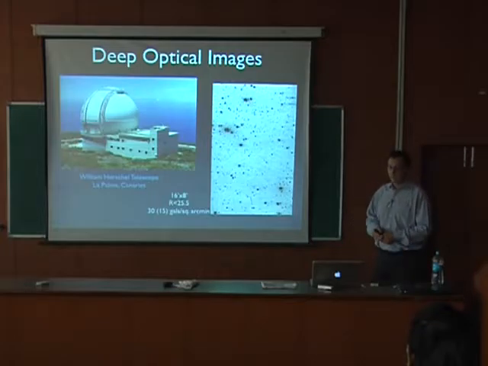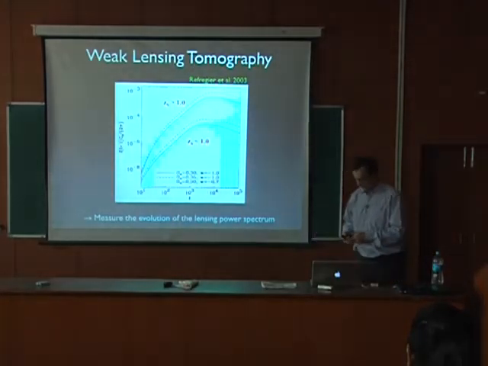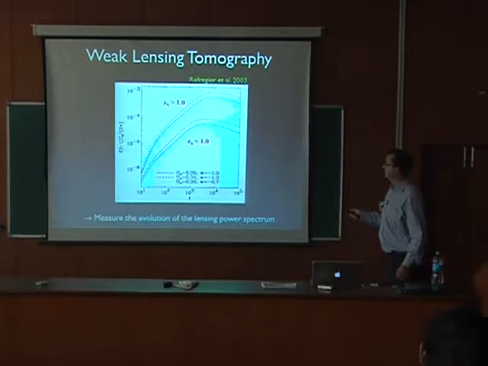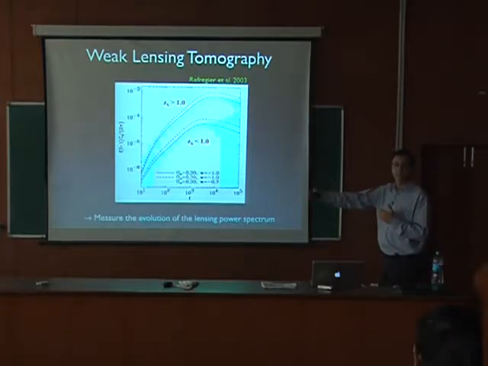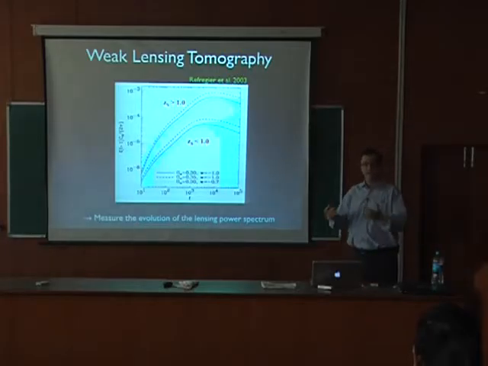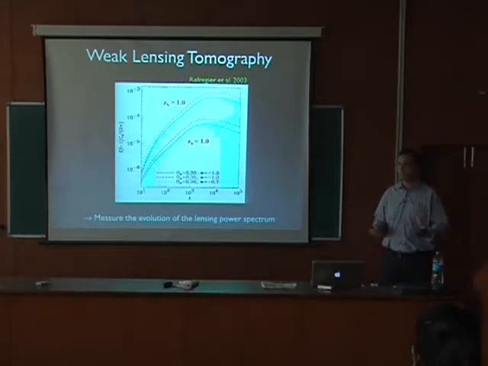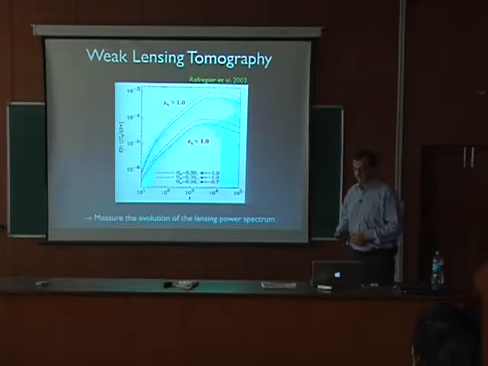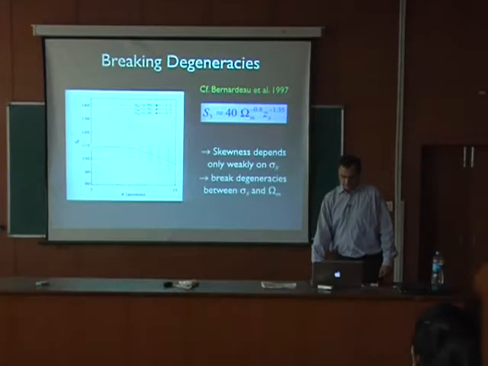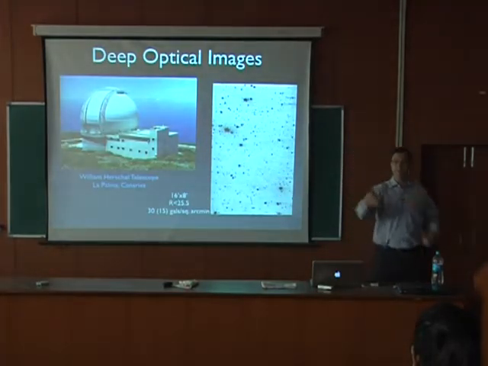Because as we saw before, the amplitude of the lensing signal is expected to be larger if the galaxy redshift is larger. So if we go to higher and higher redshift, the lensing signal is larger and larger, which gives us more signal to noise to work with, more information, and therefore more cosmological precision eventually. So one needs to go as wide as possible and as deep as possible.